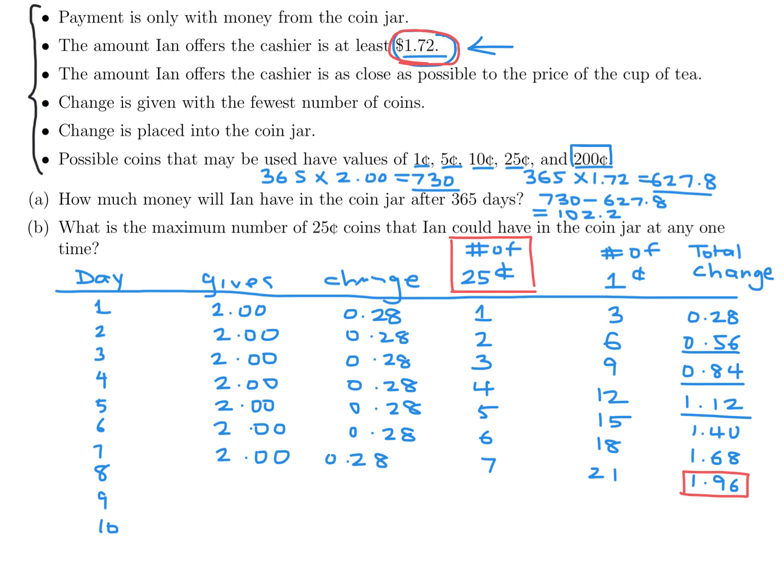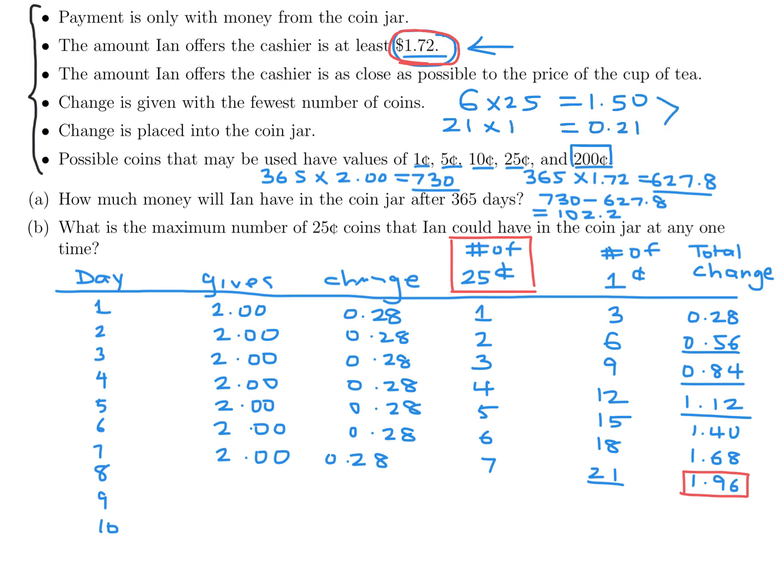I'm trying to think. If he gives 6 quarters, it'll be $1.50. And if he gives all of the pennies, he would be up to 171. Because if he gives 6 quarters, that's 6 times 25, which is 150. And if he gives all of his pennies, it's 21 times 1, which is 21.